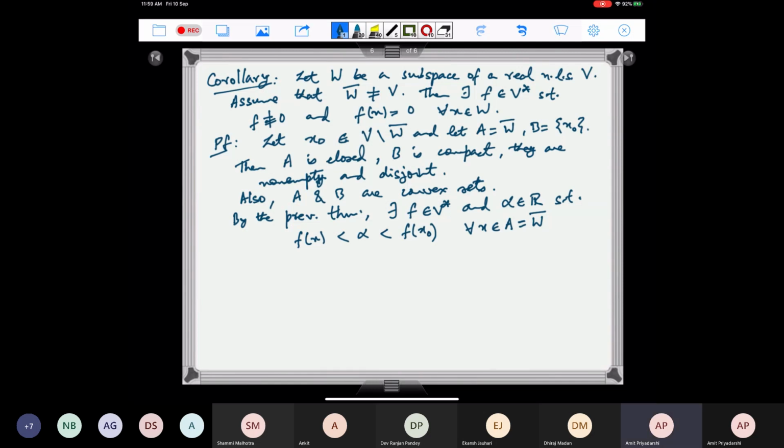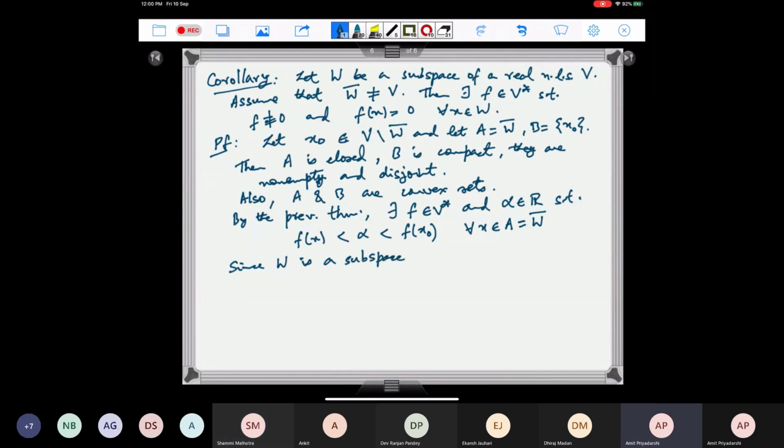Now, do you see that this will satisfy that f of x is equal to 0 for all x in W? W is a subspace, right?